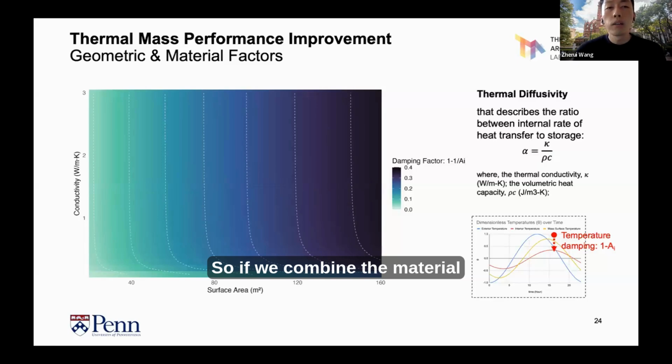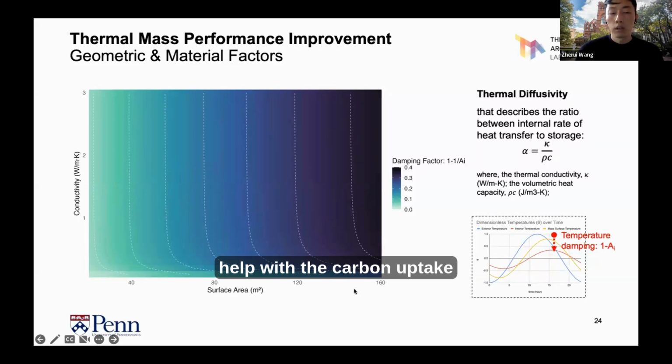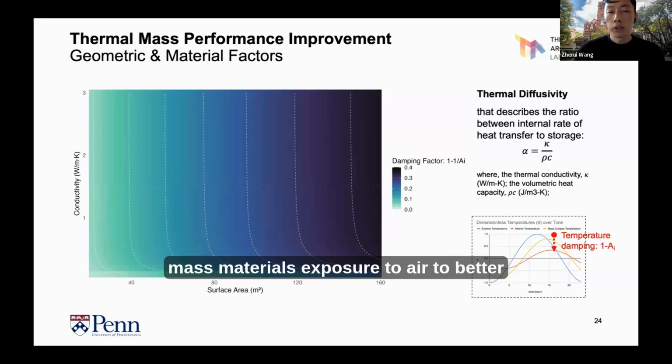So if we combine the material factors and geometry factors, we arrived at this design objective chart where on one hand, we want to expand the surface area exposure that can help with the carbon uptake, but also help with the thermal mass materials exposure to air to better damp the indoor extreme temperatures.